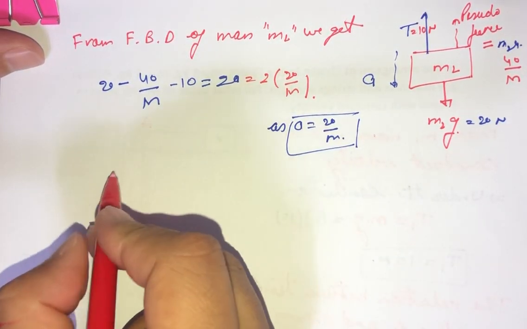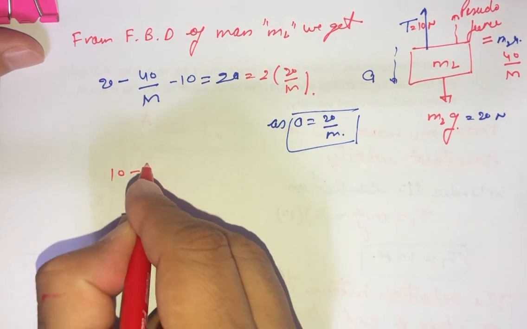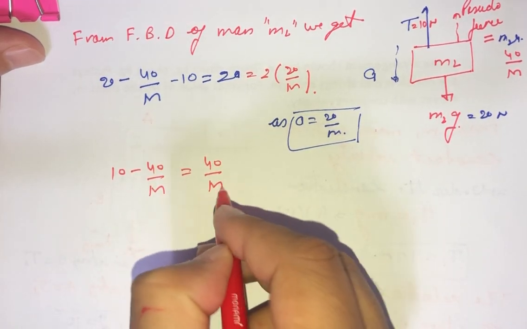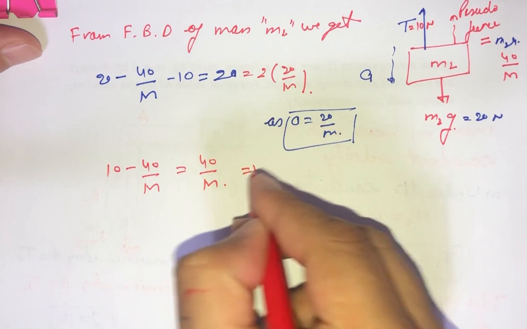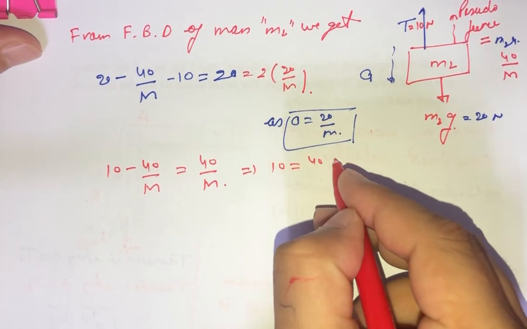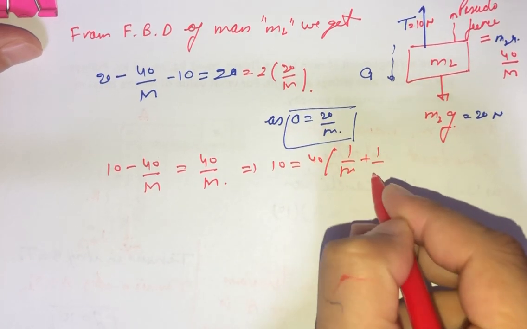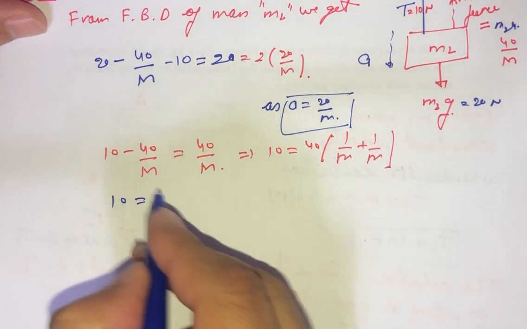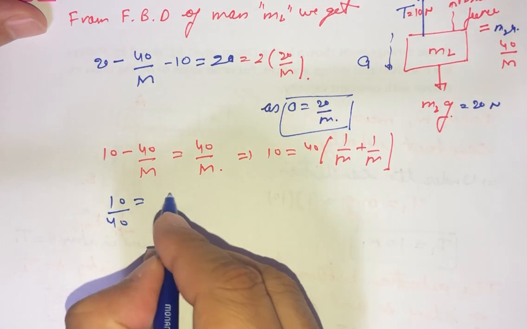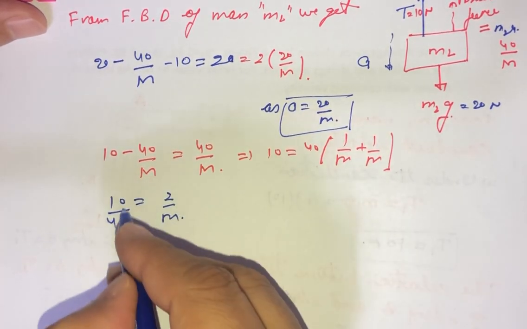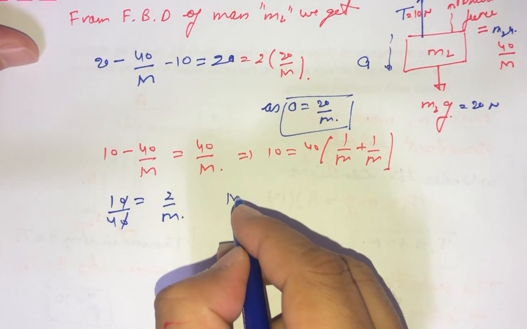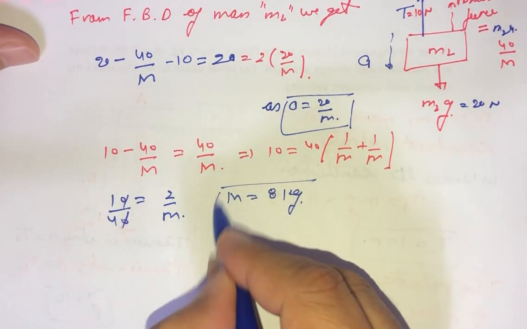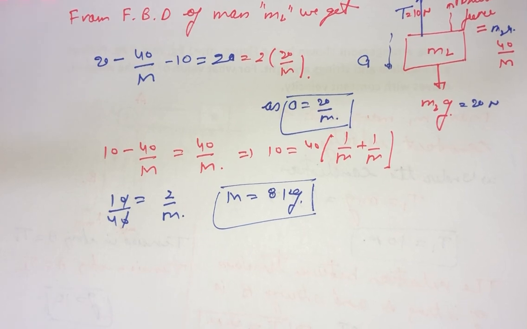If we solve this equation, we get 10 minus 40 by M equal to 40 by M, and we can take 40 as common, so 10 equals 40 times 1 upon M plus 1 upon M. 10 will be equal to 10 by 40 times 2M, and from here we find that the value of M will be equal to 8 kg. So this completes the question.